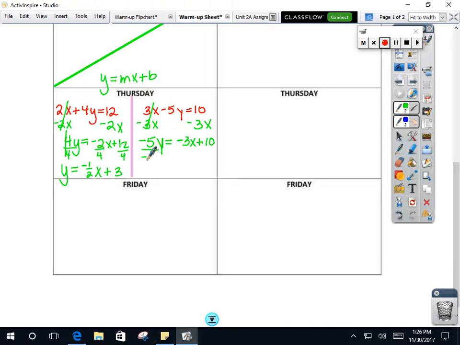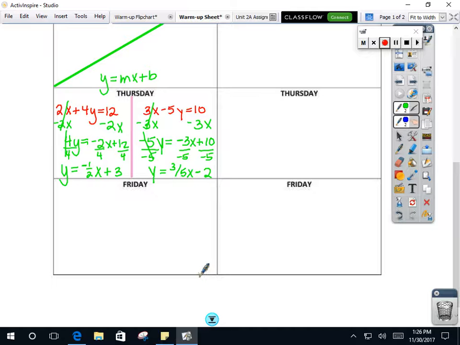Divide by negative 5. And so I have y equals a negative divided by a negative is positive. So those signs just cancel each other out. 3 divided by 5 cannot be reduced, so you're just going to keep it. 3 over 5x. And then 10 divided by negative 5 is negative 2.